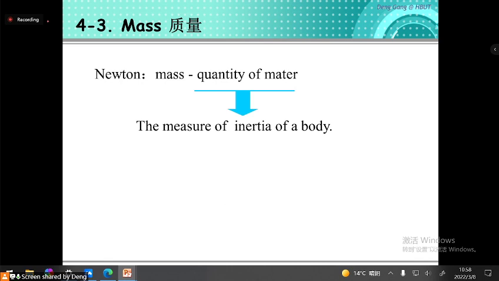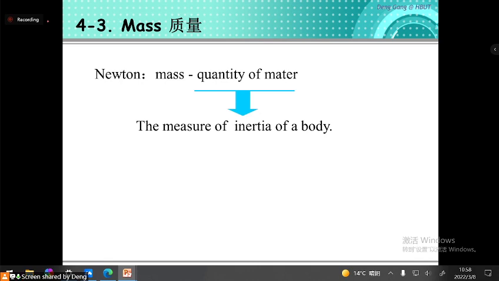That's reasonable because according to our daily life, if something is very heavy and it is moving, and you want to stop it, it's very hard, right? But if something is light and is moving with the same speed, stopping it would be easier.